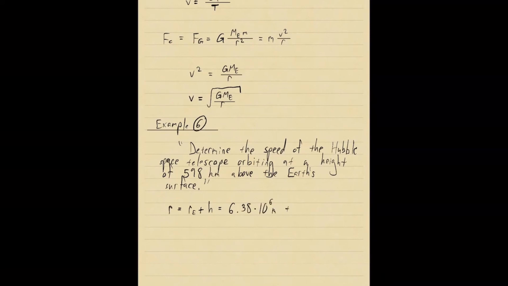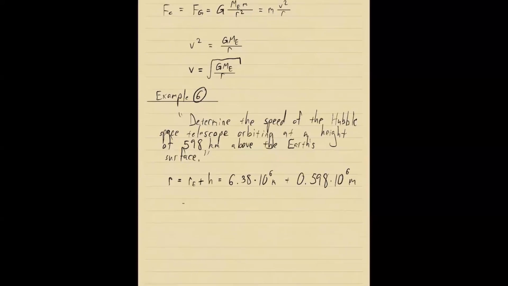And our height above the Earth is 0.598 times 10 to the 6 meters, where I've already converted it from kilometers to meters. And so we get a radius r of 6.98 times 10 to the 6 meters. So that's our radius there.